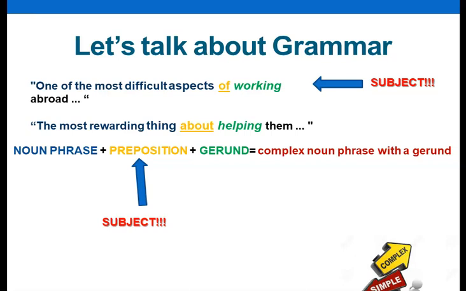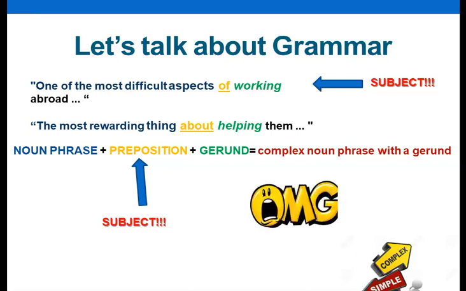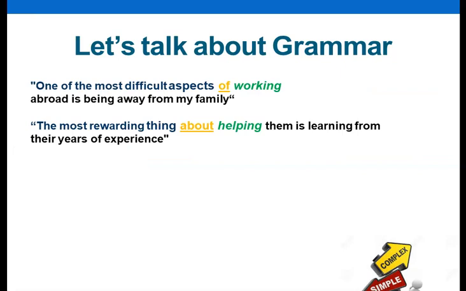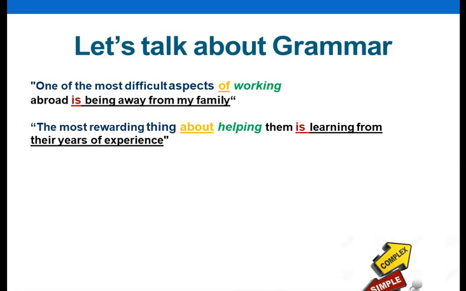This is just the beginning of the sentence. So to make a sentence complete, we have to come up with the second part of the sentence, the predicate. For example, one of the most difficult aspects of working abroad is being away from my family. Or, the most rewarding thing about helping them is learning from their years of experience. You will notice that here we have is. That is a helping verb that connects the predicate with the subject of the sentence.